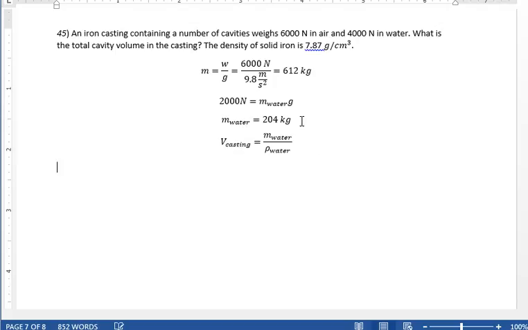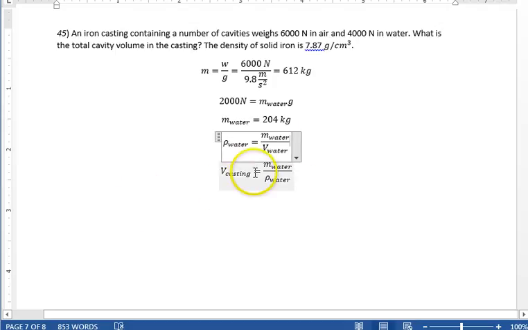Density is mass divided by volume. So if we write rho water equals mass of water divided by volume of water, and rearrange a little bit, the volume of the water displaced, which is the volume of the casting, is the mass of the water divided by the density of the water.